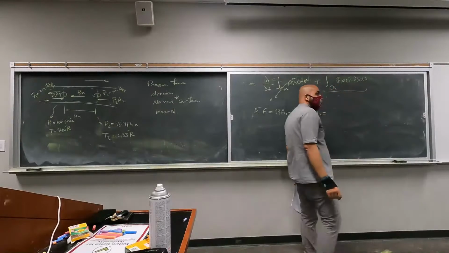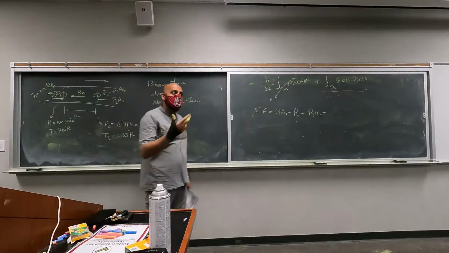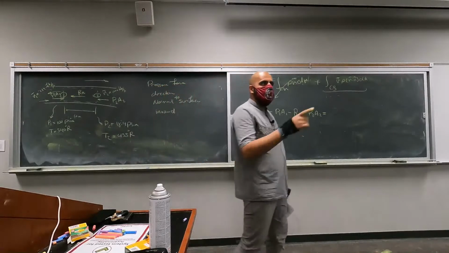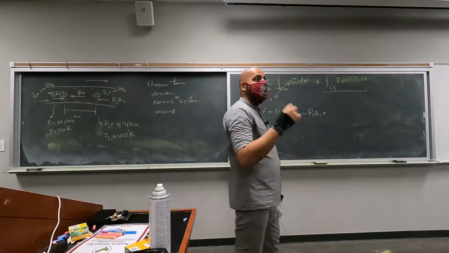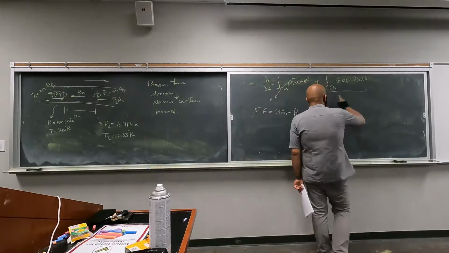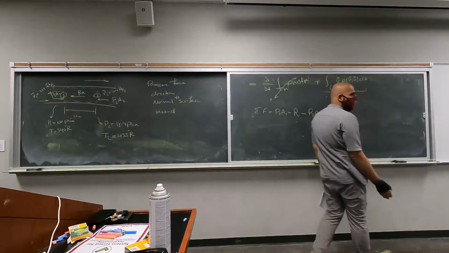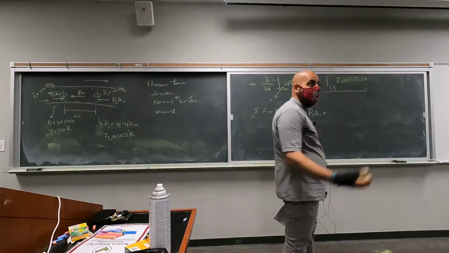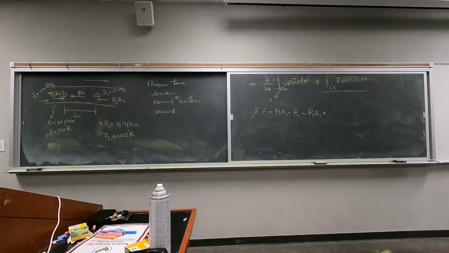We are told to use the average velocity, which is uniform, doesn't change on the cross-section, right? We can take it out of the integral. The same is true for density. So for both surfaces, we are going to end up with rho v squared A, right? If your density doesn't change and your velocity is uniform, you don't need to take the integral.